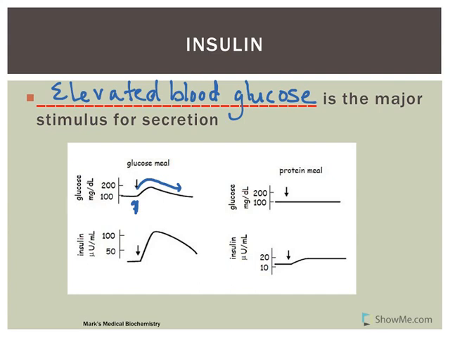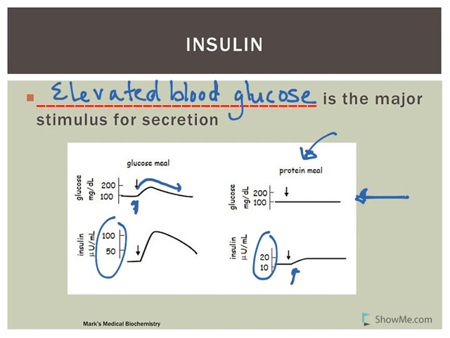And we're going to look at how it does that. You'll notice over here is if an animal consumed just a straight protein meal. Glucose isn't going to be changed because when you break down proteins, you're just going to get amino acids. You won't get glucose. What you'll notice is there will be a slight increase in insulin, but if you look at the numbers, it's nowhere near the amount that you get if you have elevated blood glucose.